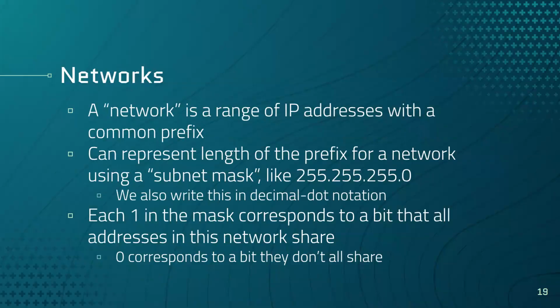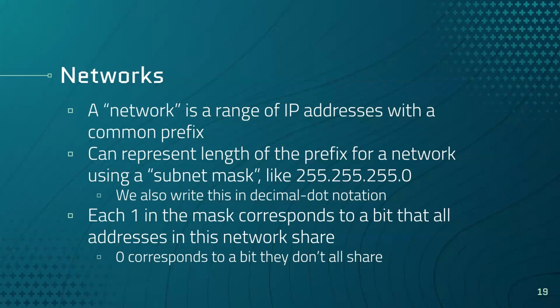So a network in the Internet Protocol is basically just a range of IP addresses with a common prefix. Just to be clear, for most of the rest of this presentation, we're going to stick with IPv4 because it's more common and also shorter to write out. You can represent the length of the prefix for a network with the subnet mask, like 255.255.255.0.